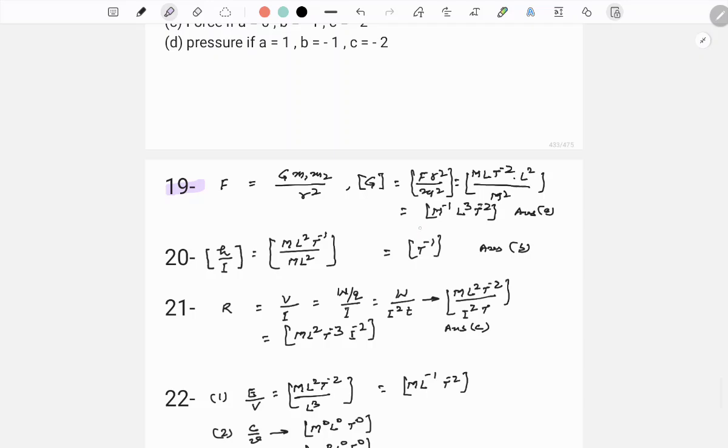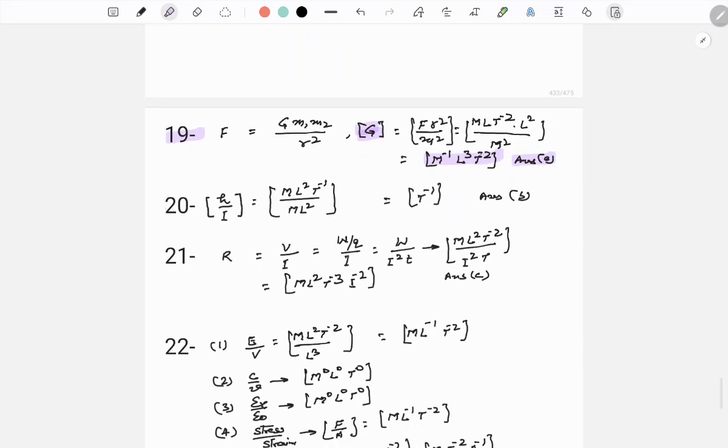19. Dimensions of gravitational constant are M to the power minus 1, L to the power 3, T to the power minus 2. Answer is A. 20, dimensions of h by I is T to the power minus 1.